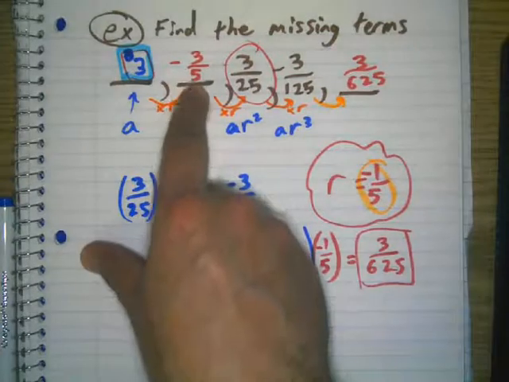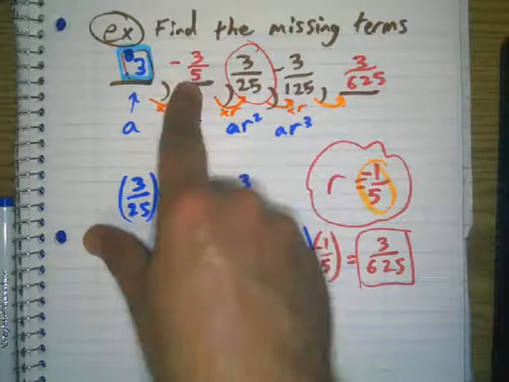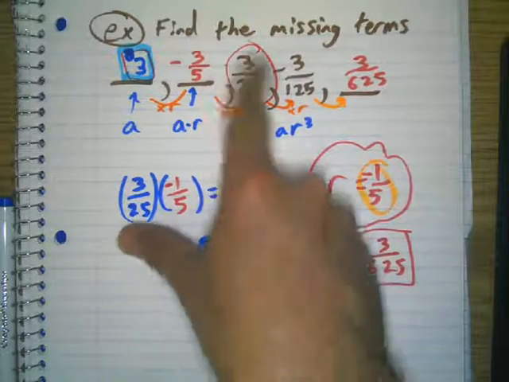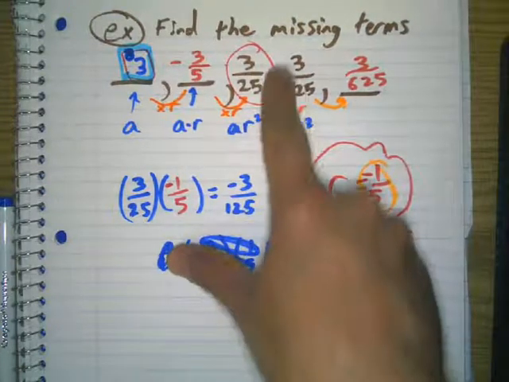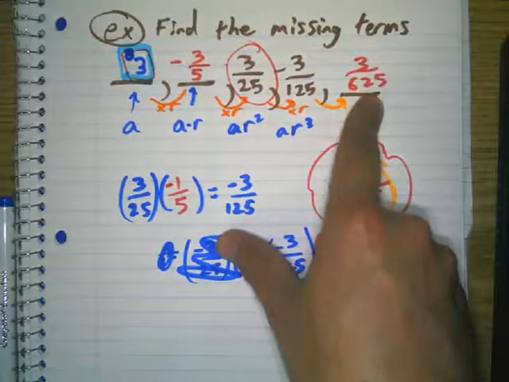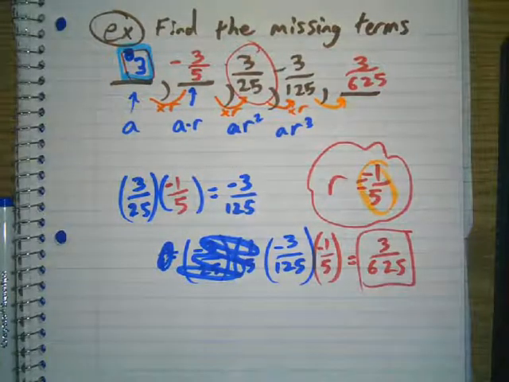And if I multiply negative 1/5 times this, I get 3 over 25. If I multiply negative 1/5 times this, I get negative 3 over 125. Multiply negative 1/5 times this, I get 3 over 625. All right, use this to help you with your homework.